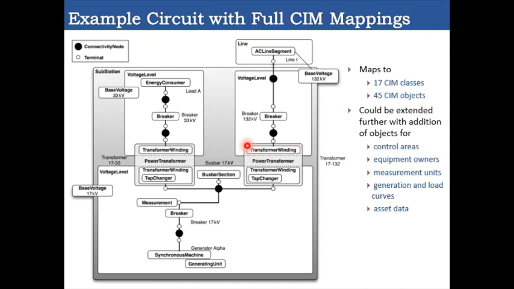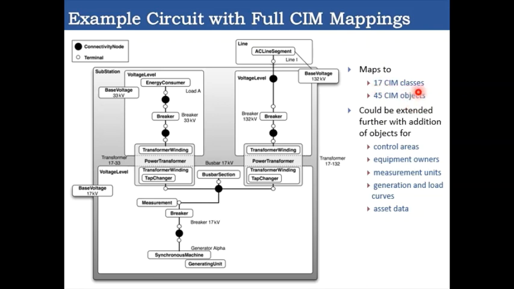Say for example, in this case you need power transformer, that is one class, but you need two objects to define two power transformers separately. So you need fewer CIM classes, but the corresponding CIM objects will be more in numbers.